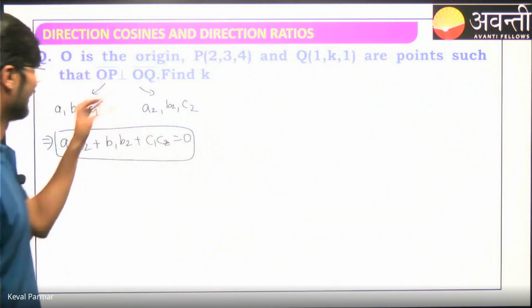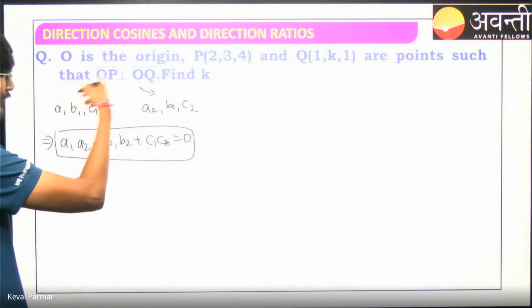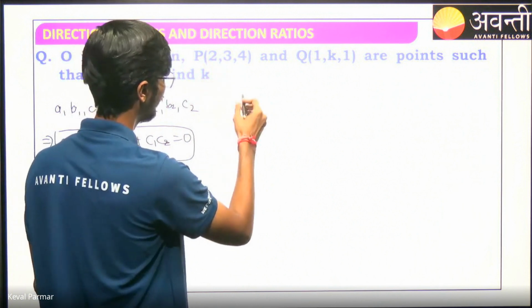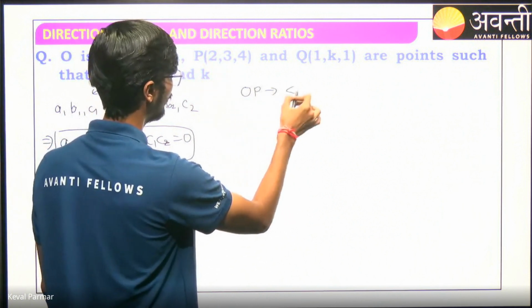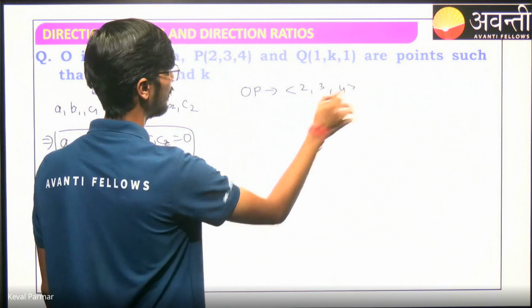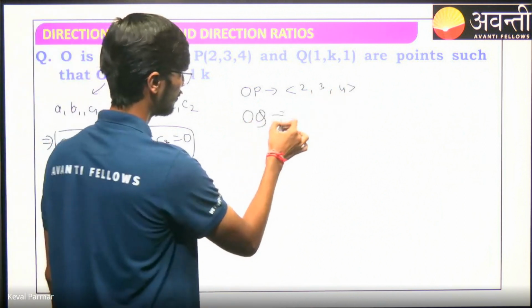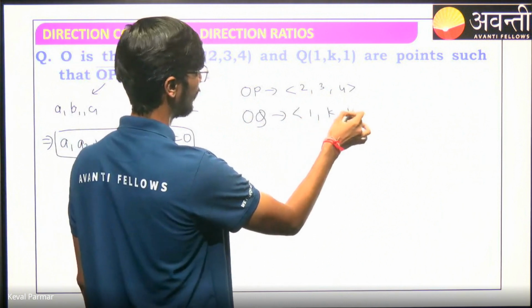So let's get the DRs of OP. O is the origin, P is 2, 3, 4. So basically the DRs of OP will be 2, 3, 4 itself, because O is the origin. What will be the DRs of OQ? It will be the same, 1, K, 1.